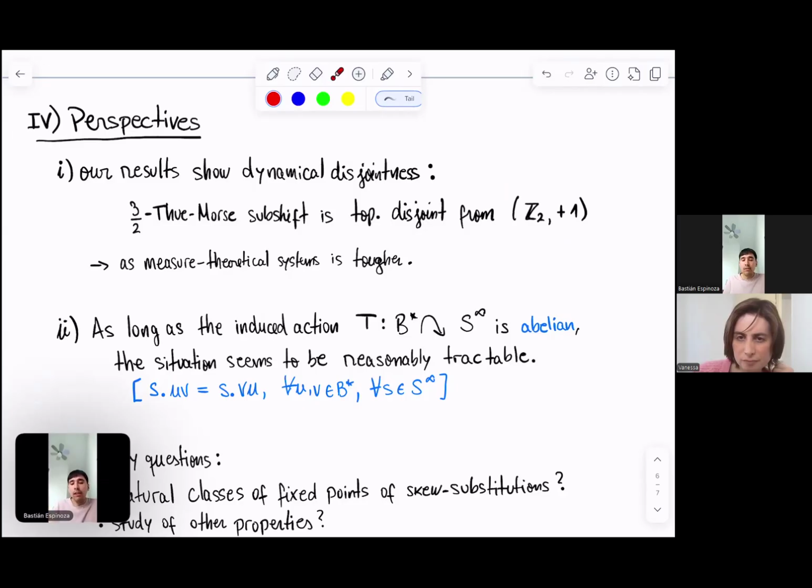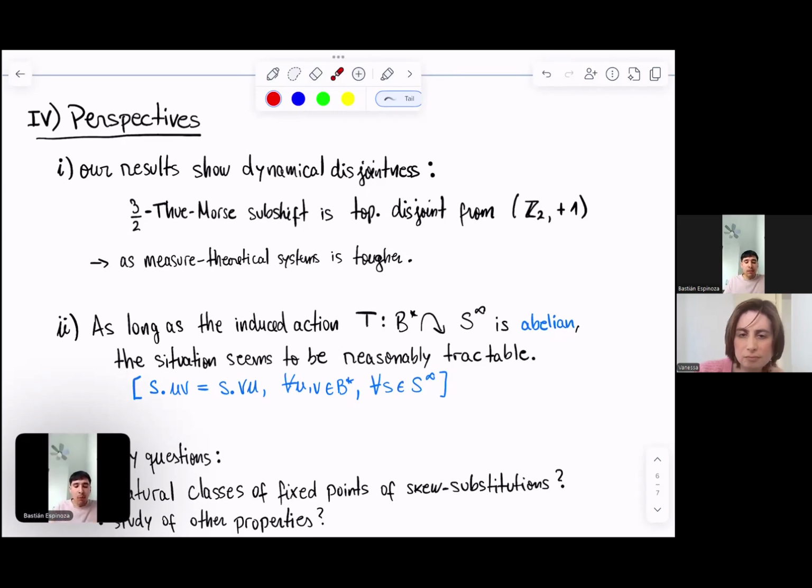This is the nice, concrete, and encapsulated way of describing what is going on here. This system is disjoint from the 2-adic odometer. It contrasts with the usual Thue-Morse case, because there Z2, this odometer, is a factor, so it synchronizes completely in some sense with the Thue-Morse word.